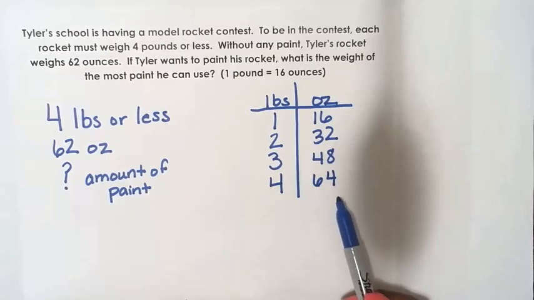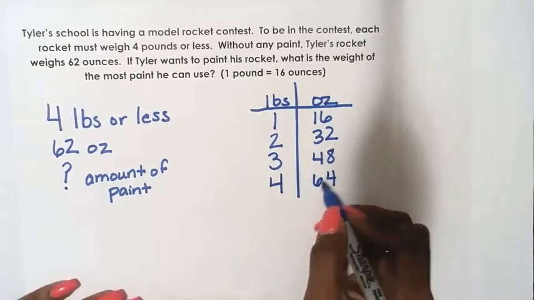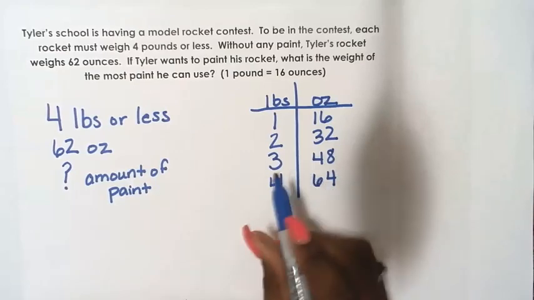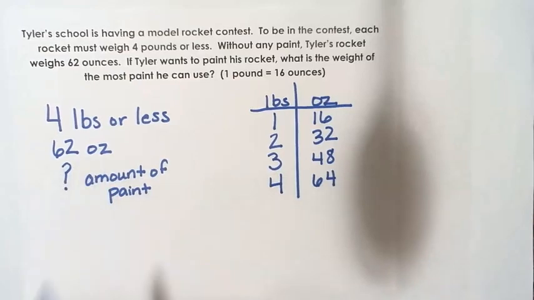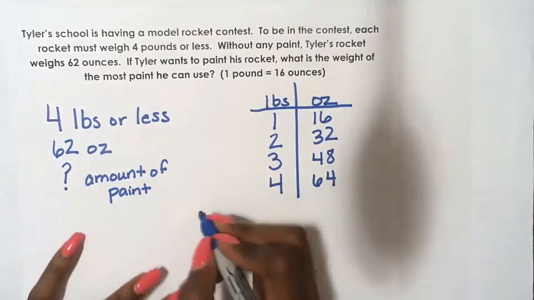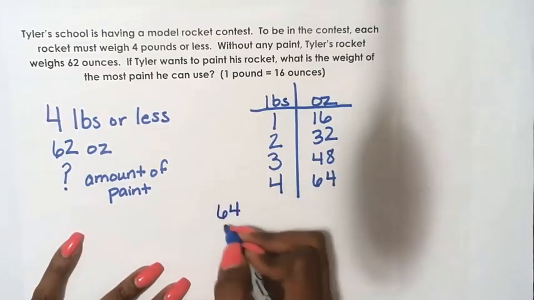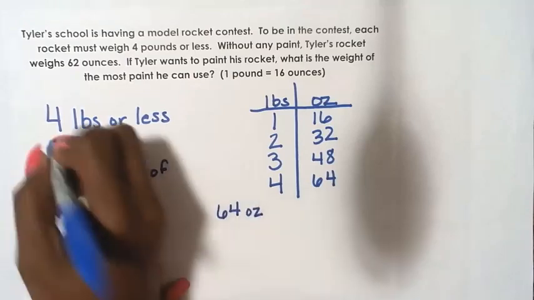In order to determine how much paint Tyler can use in order to compete, I would need to find the difference between the maximum amount of ounces and the weight of Tyler's rocket. So the maximum weight is 64 ounces.